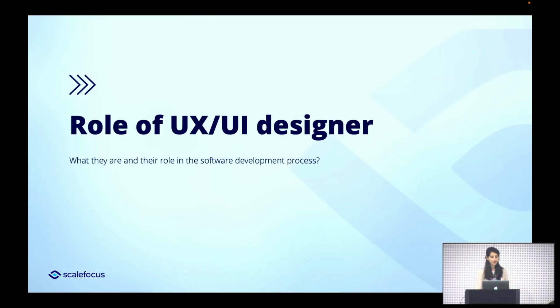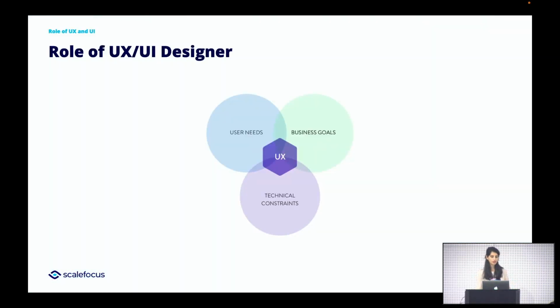And this is where the role of the UX UI designer comes in. Because what we are trying to achieve is to find out what the user needs are. Like in this example, that guy is really thirsty and wants to have a sip of any liquid. The business goals: I want to sell a lot of cups that are cute.